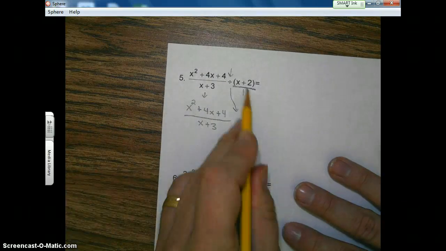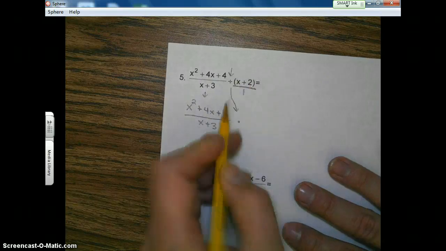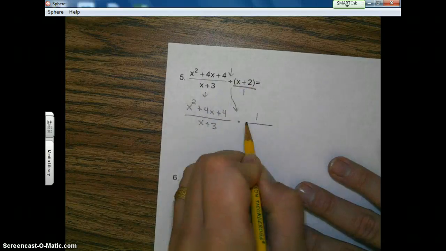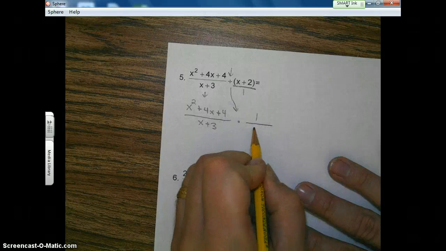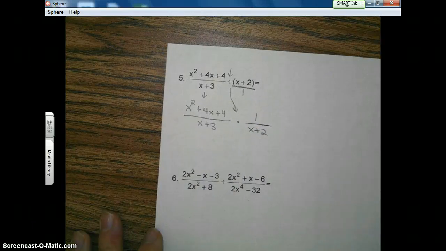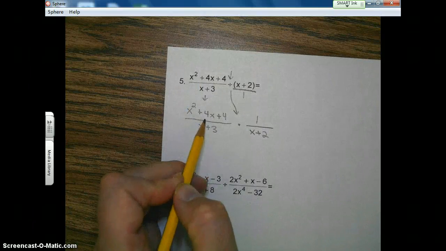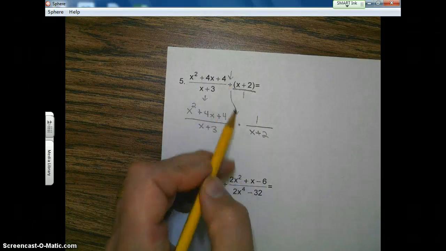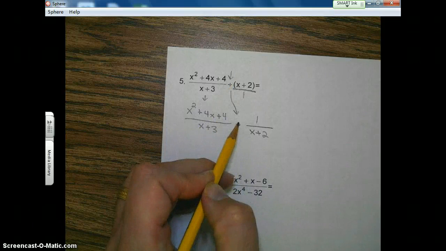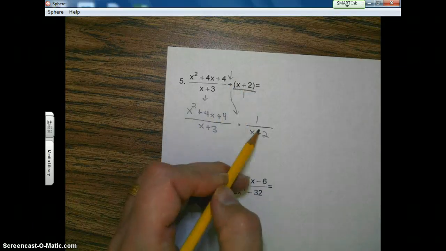Last thing, before you multiply, you want to do the reciprocal of the second ratio. So again, you may want to write these steps down. You bring down the first ratio. You change division to multiplication. And then you do the reciprocal on the last ratio.